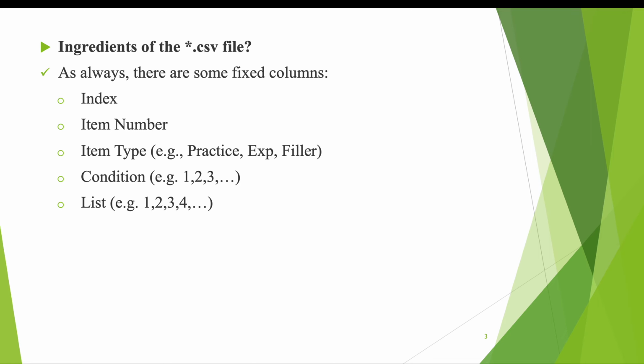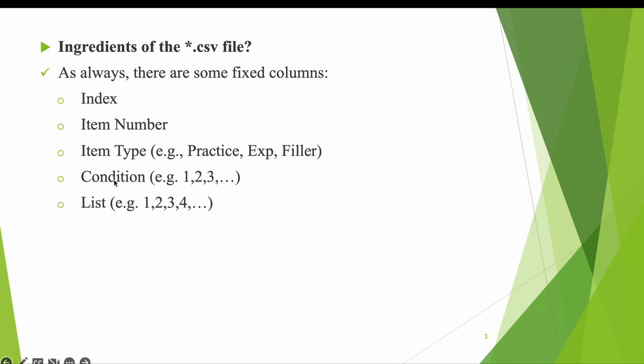As always, there are some fixed columns, so we need an index column and an item number column. We need an item type column. We might put practice, experimental, or filler.